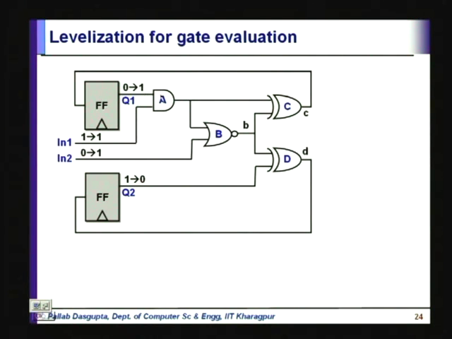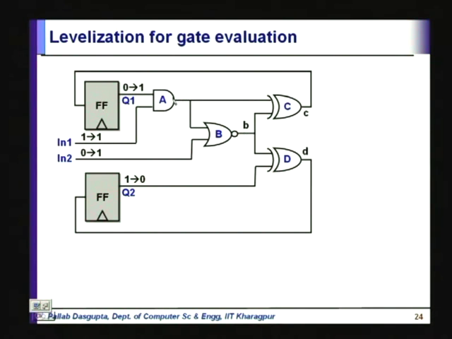So, it has risen to 1. So, the output was 0, it has changed to 1. Now, when it changes to 1, at that time, this B will also change, because as soon as one of the inputs changes, previously both of these were 0. So, the output of this, in other words, B was 1.